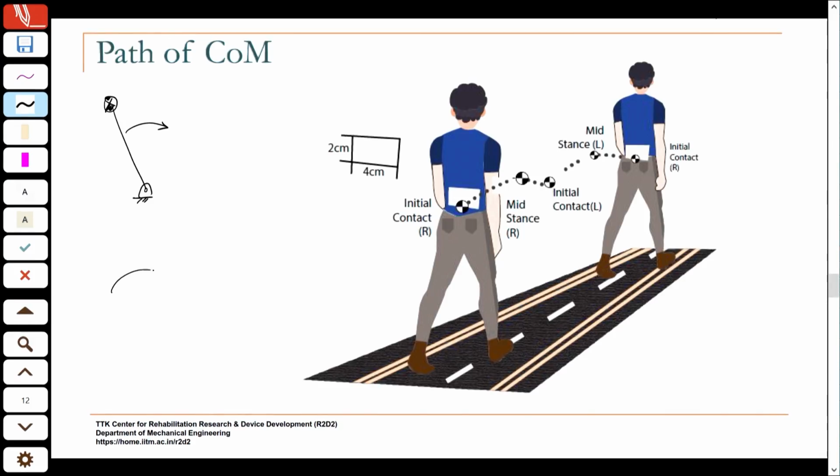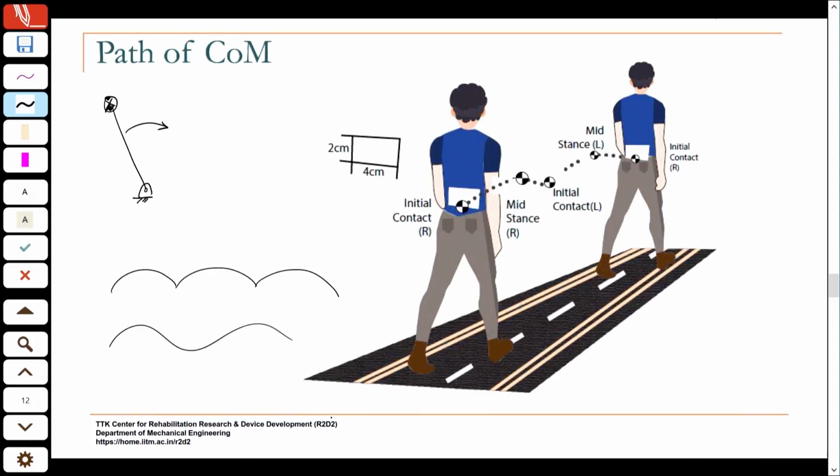In the mid stance phase is when you have the highest location of the center of mass, and then it falls down, and then it shifts to the other leg, and the same thing happens. So, it's actually like this, but because of the flexion at the knee and movements at the other joints, this movement gets smoothened out to something like that.